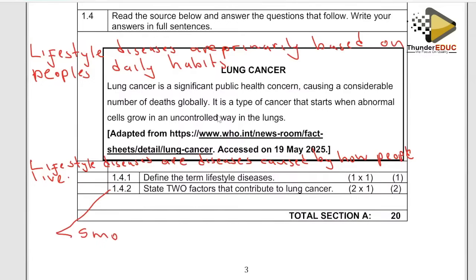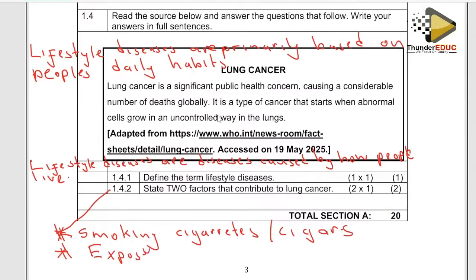The chief factor which contributes to lung cancer is smoking cigarettes, cigars. Then the second one is exposure to secondhand smoke.